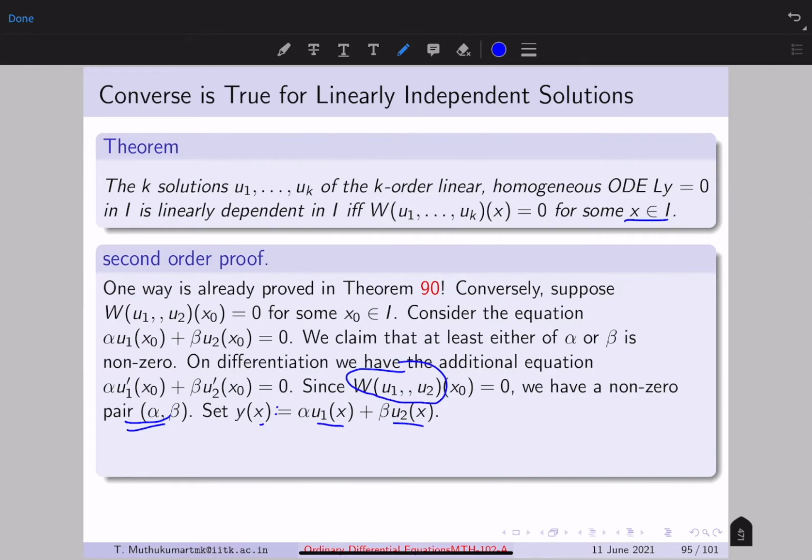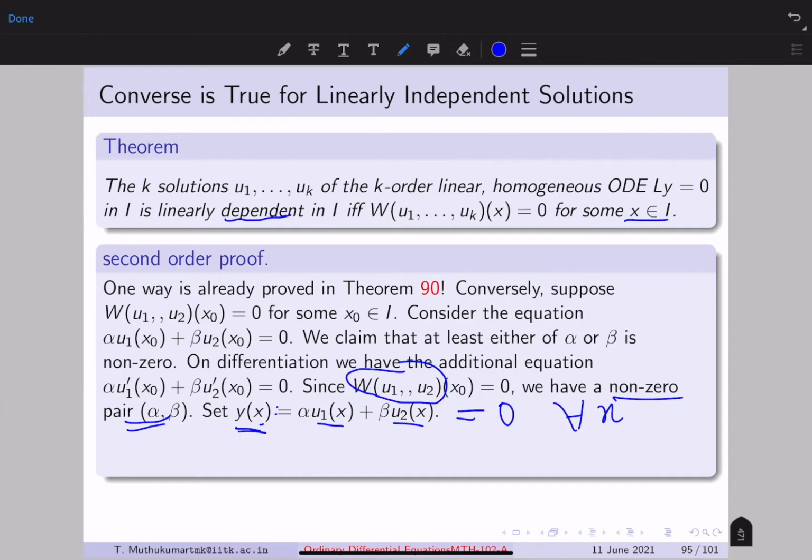Because we need to show that they are linearly dependent, we need to show that this y is 0 for all x. If y is the constant function 0, that means alpha u1 plus beta u2 is 0, where alpha and beta are a non-zero pair, which means you have shown linear dependence. So we need to show that y is a constant function 0.